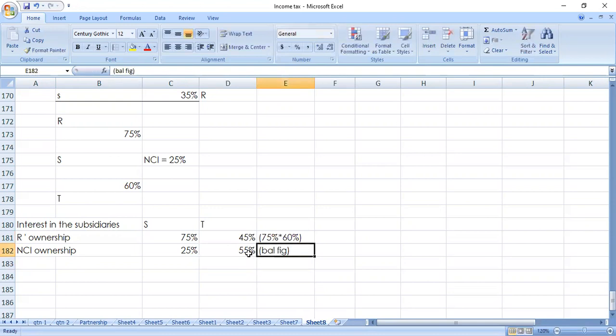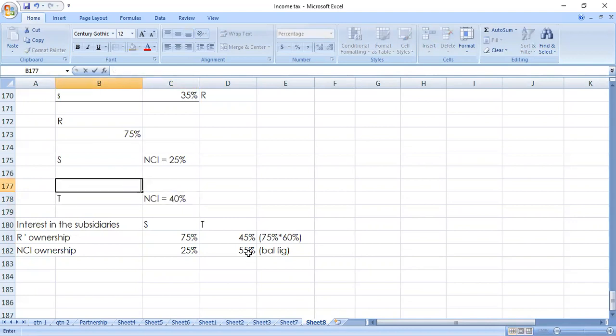If you don't want to say balancing figure, then you can find the NCI the normal way, which we say that the NCI has a direct NCI of 40%. Okay, as you can see, that 60 is by S control 60. So the balance is 40%. But now we're saying that S has an NCI of 25, which controls T also.